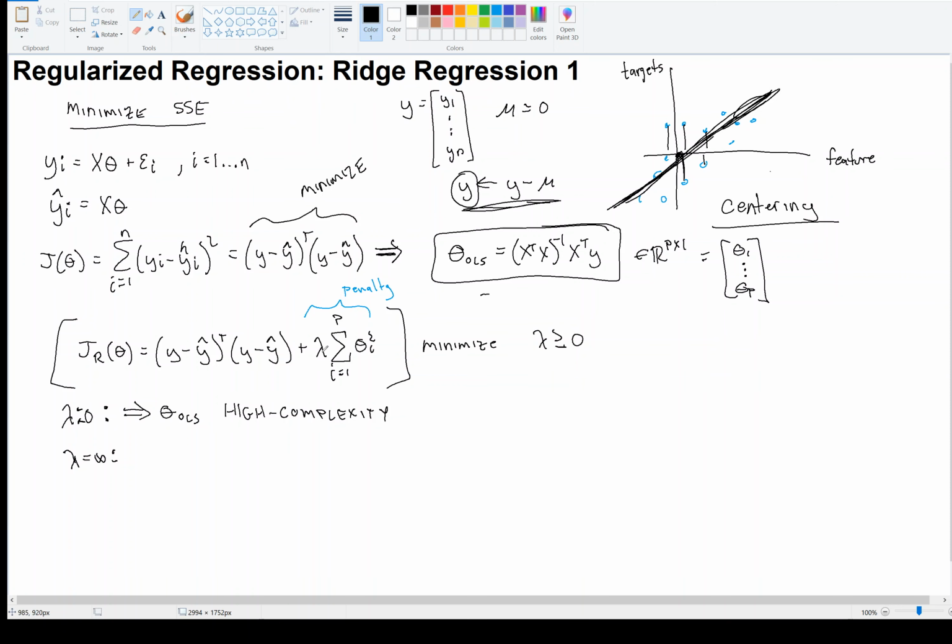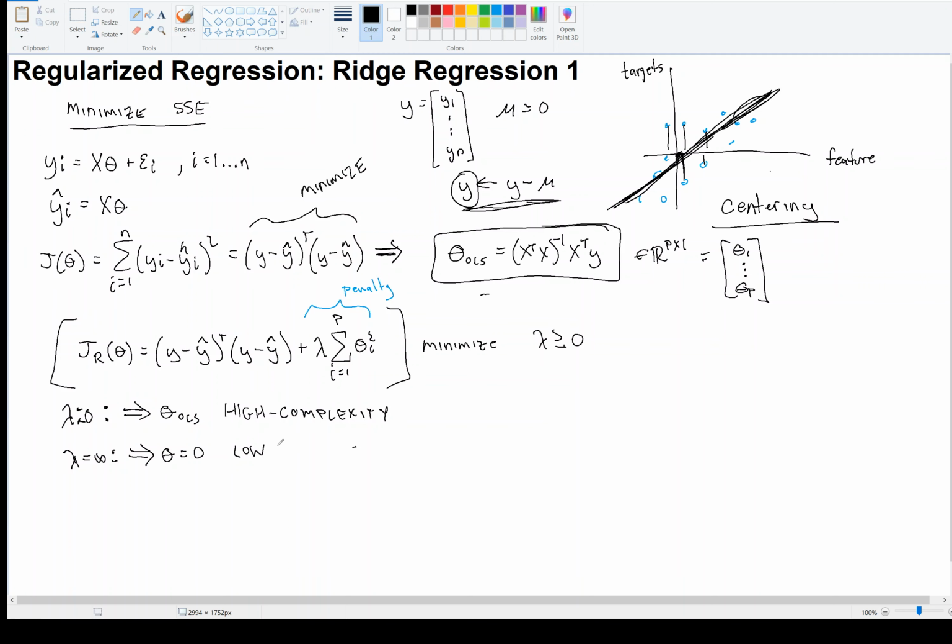So when lambda is infinity, that encourages, in this minimization problem, each component theta i of theta to be 0, because if each component is 0, then the sum is 0, and then we multiply by infinity and wipe out the infinity. So this encourages theta to be 0. That's the lowest complexity model we can have.